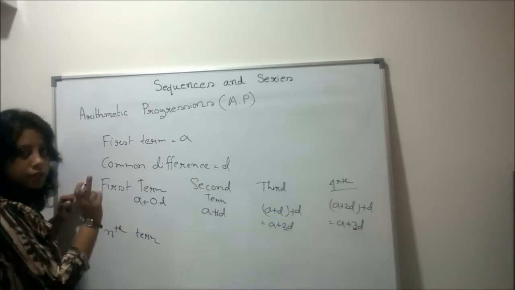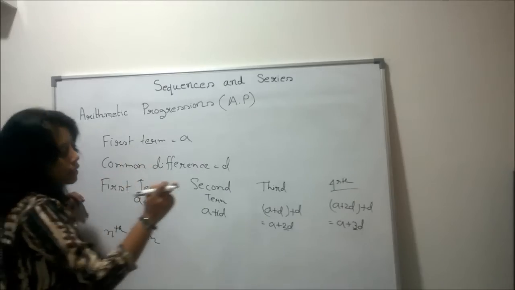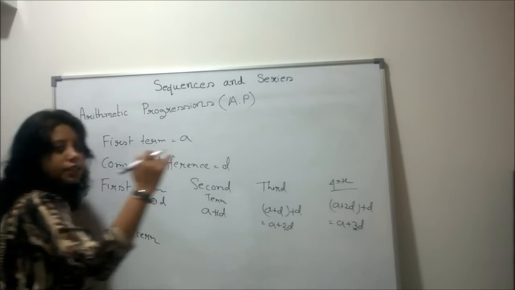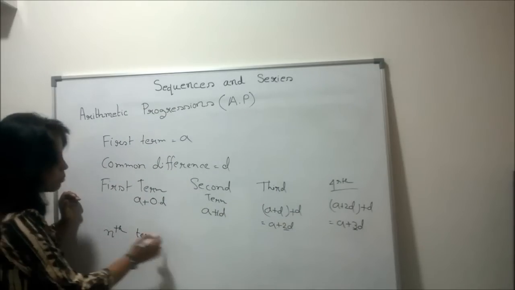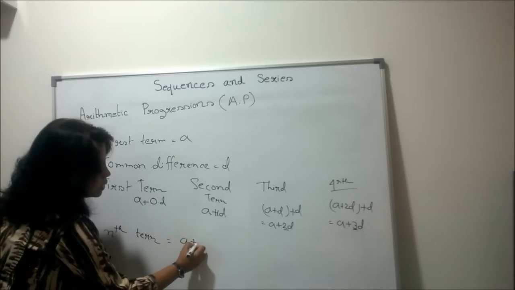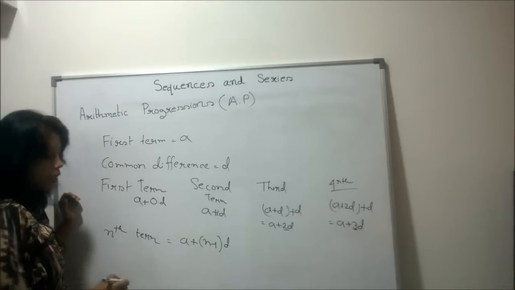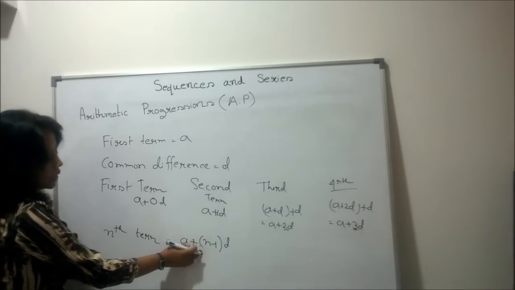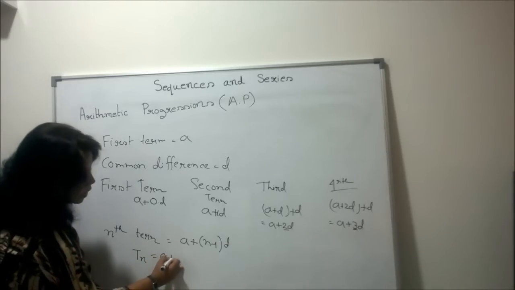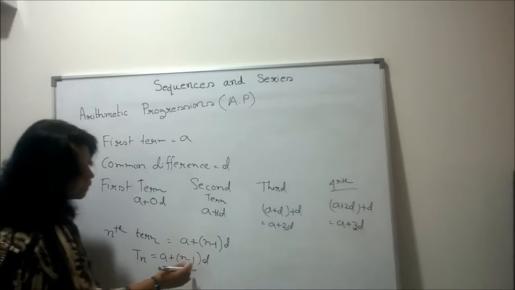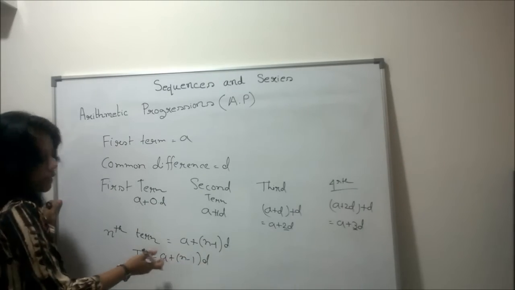So for first 0, for second 1, for third 2, for the fourth 3. That means this is less than 1 from the number of the term. So for the nth term that will be A plus (n minus 1) D. This is the nth term, we represent it as Tn, equal to a plus (n minus 1) d. It is very important, essential to find the nth term in various problems.